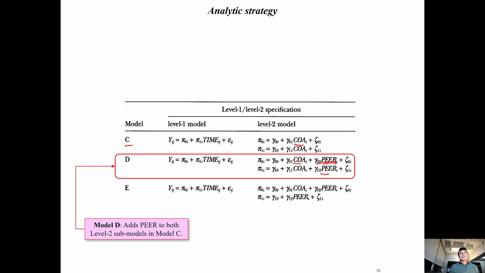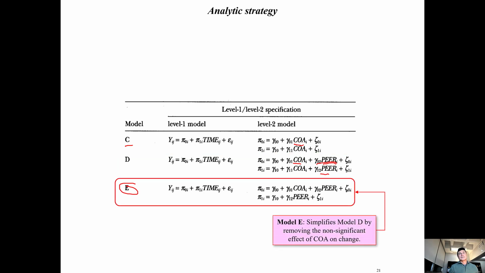They were trying to get the best fit in the Singer and Willett book. And peers drinking didn't affect the slope, so they took it out. And this gets you the best fit. But I think that Model D will tell us what's a significant predictor and what's not. So Model D will give us enough.